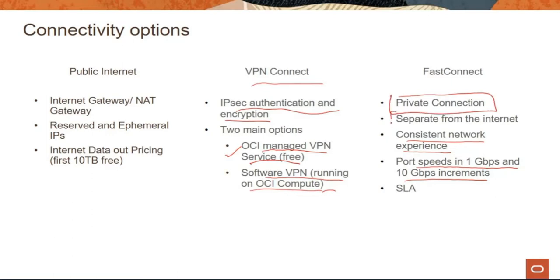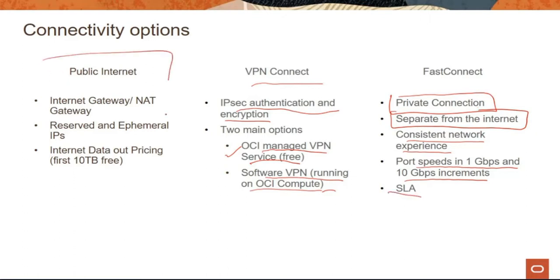So think about this as you having your own high occupancy vehicle lane in the internet. So your traffic doesn't go through the internet, you get your own private dedicated connectivity. That's number one. And then number two, like I said, the name specifies you get really fast, consistent performance. So you can go 10 Gbps and even higher if you want. And then, of course, there is an SLA around that.